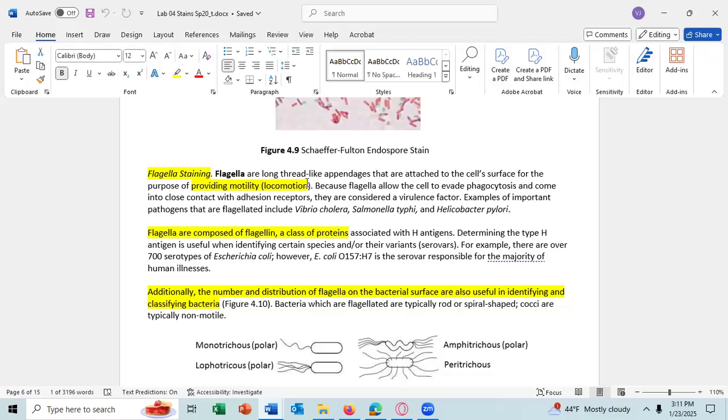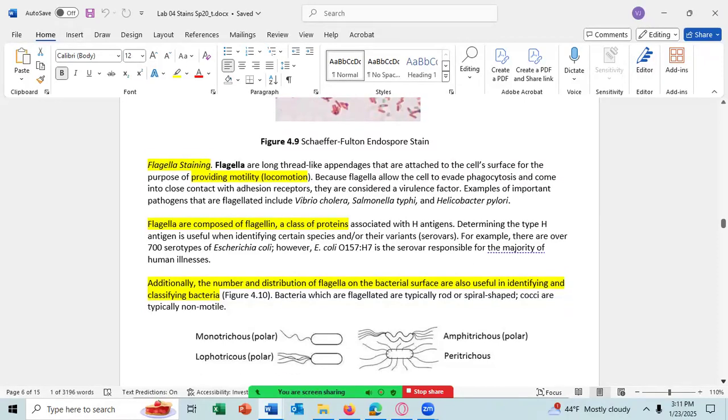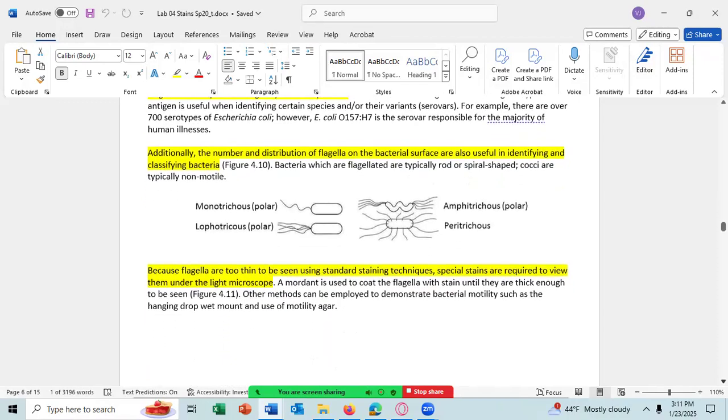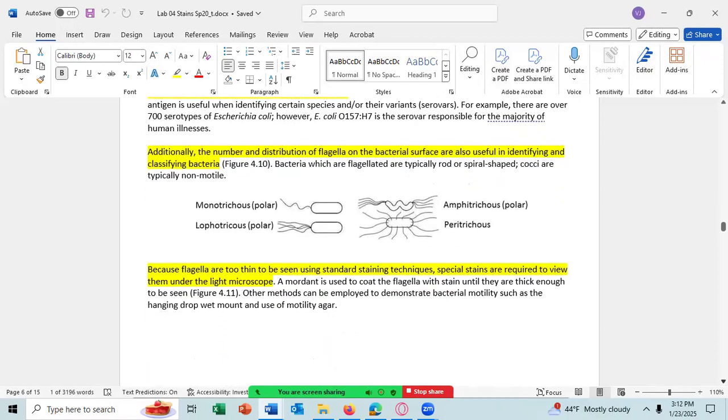Flagella are composed of flagellin. That's a class of protein. You can also count the number and the distribution of flagella on the bacteria surface. It is useful in classifying the bacteria. You need to know this for the lab, but I'm not going to quiz you on the flagella arrangement.